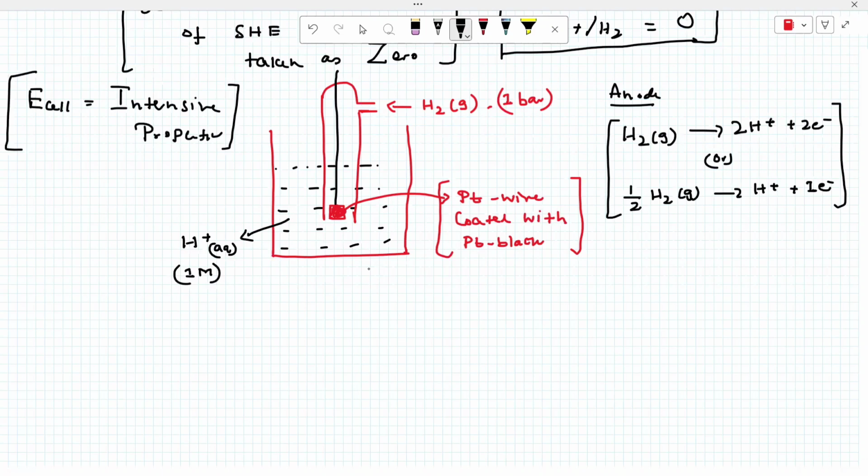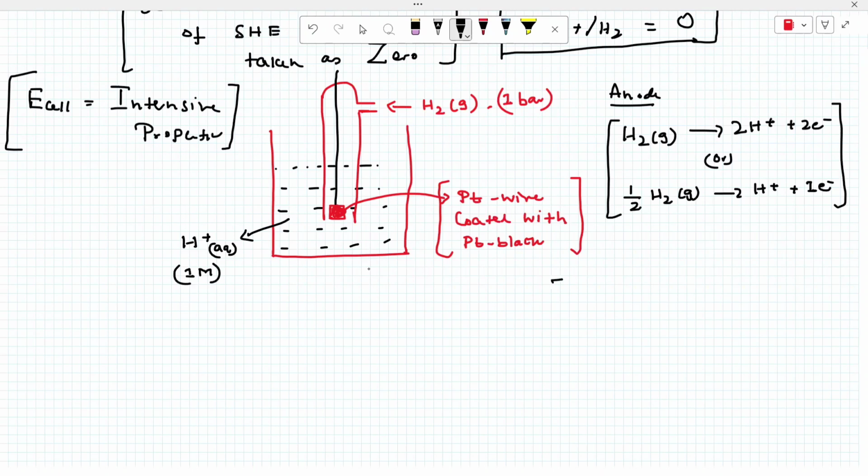In the equation, if I multiply or divide by any stoichiometric coefficient, not just 2 but 3, 4, or 1 by 2, the E cell value does not change, because E cell is an intensive property that depends only on nature. You got the point?